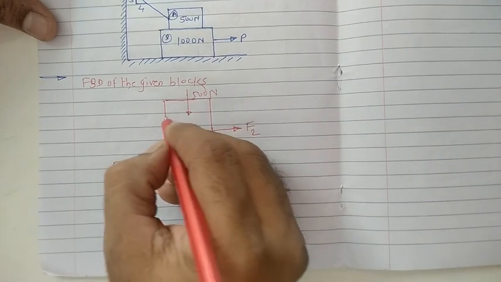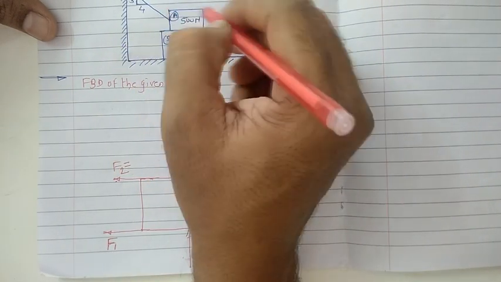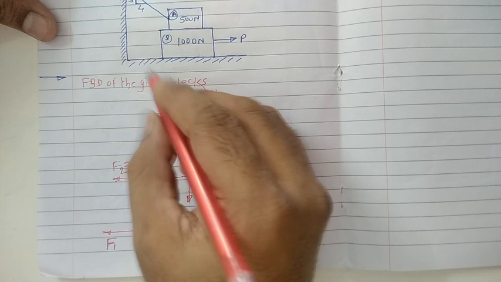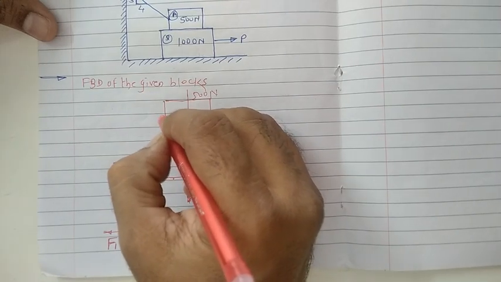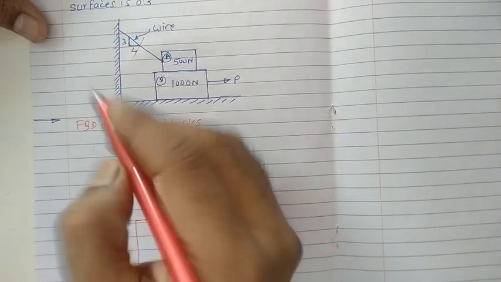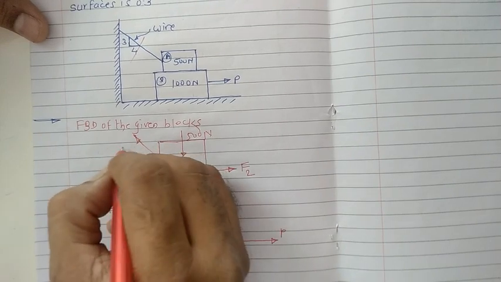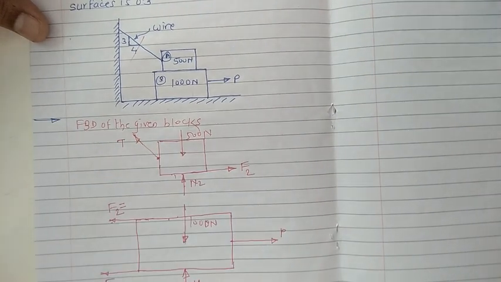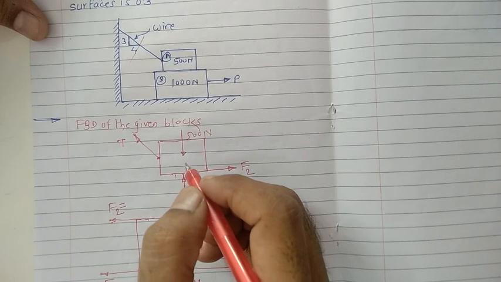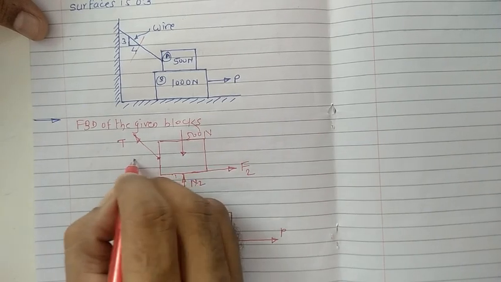Now what's about the next one? Here in this case, the wire is tied between this block and the vertical wall. If I cut this wire here, you have to show that in terms of tension, so I'll show the tension by T. From this diagram, you can easily get the value for theta.